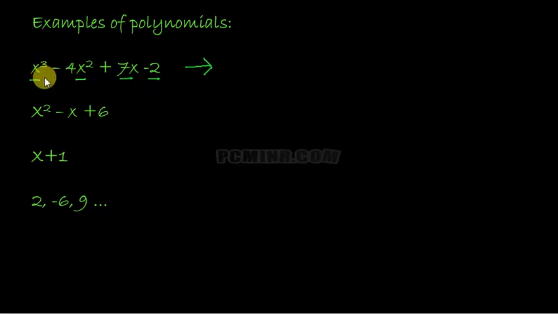So these are the variable terms, x cube, x square and x, and 2 is the constant term. And when you look carefully, you'll find that the powers of these variable terms are whole numbers. It's 3, 2 and 1. Therefore, yes, we will say the given algebraic expression is a polynomial.